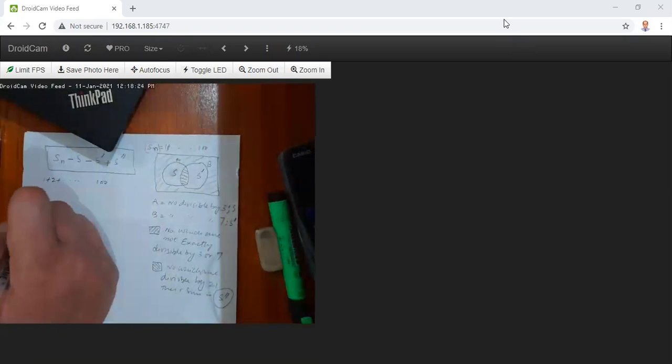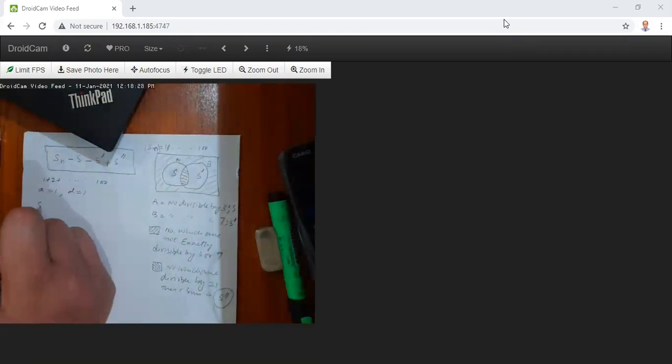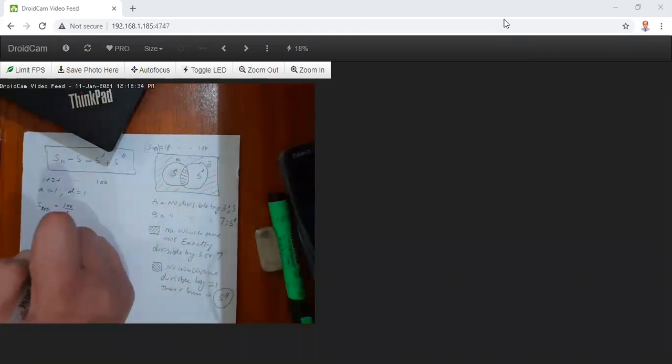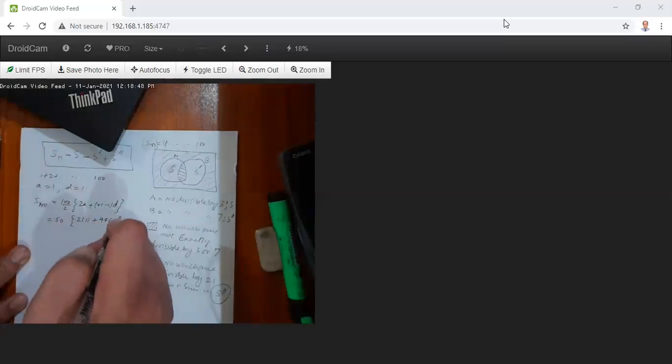So A is 1, common difference is 1. If you find out the sum of the first 100 natural numbers, so that will be 100 upon 2 into 2a plus n minus 1 d, that will be 50. a 1 है, n 99 है और d भी 1 है.